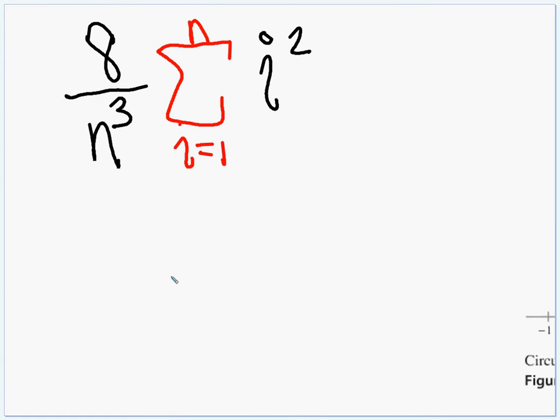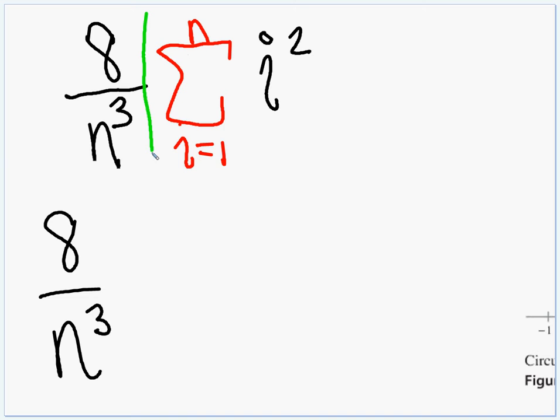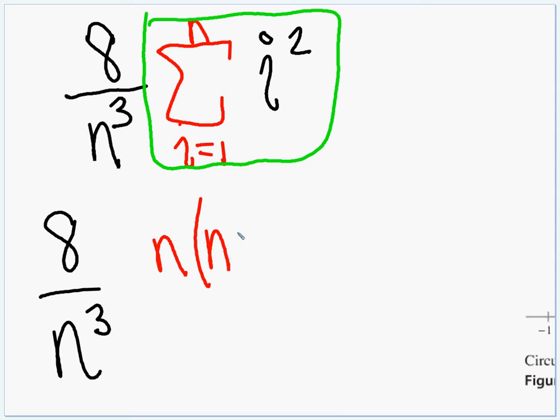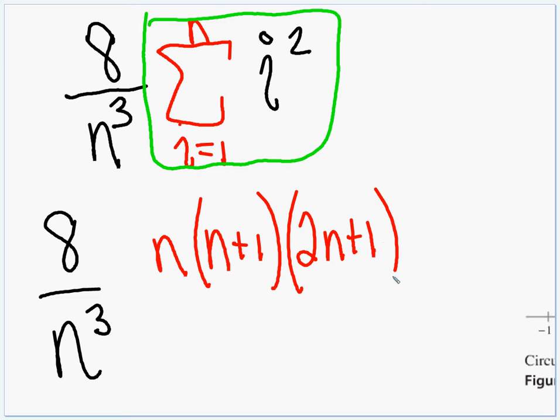Let me fix that. There we go. So 8 over n cubed. Now here is a summation of i squared, and we have a formula for that. That is n times the next number up, n plus 1, times 2n plus 1, all over 6.